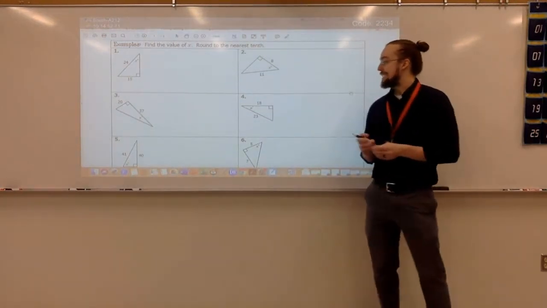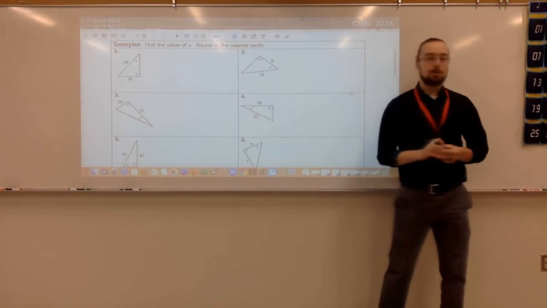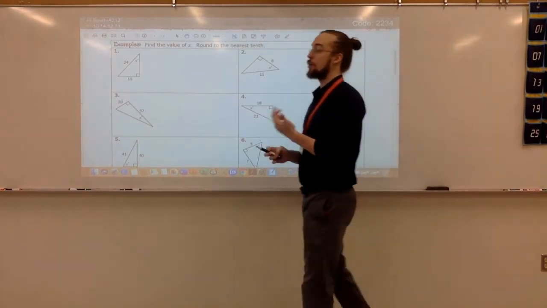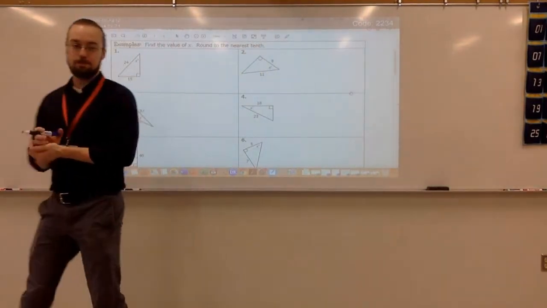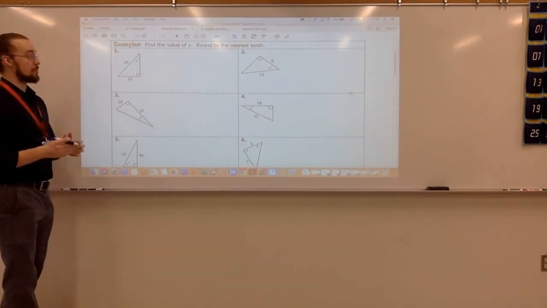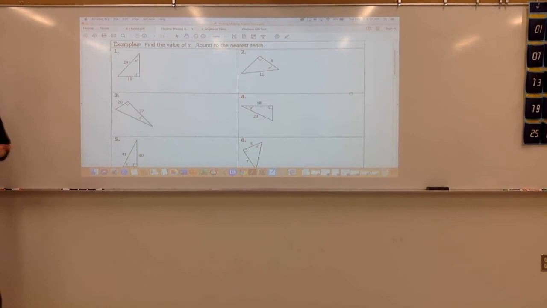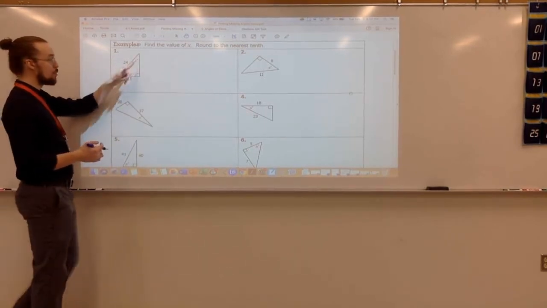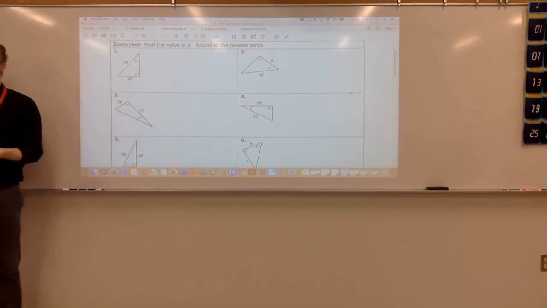Alright, today we are going to look at using trigonometry to find missing angles in right triangles. The first step in this process is the same first step as we've been doing. With respect to whatever angle we're talking about, we're going to label the sides.